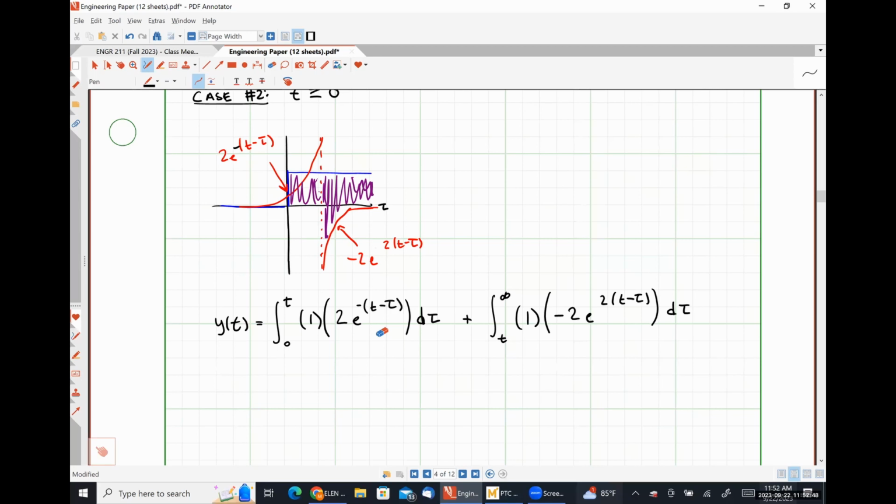For this bit right here, where we do have overlap from this and our unit step function, that is what this integral represents. So we're integrating from 0 to t to cover this bit, and then we're integrating from t out to infinity to cover this one.